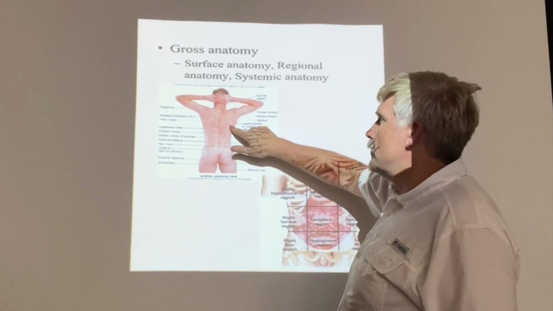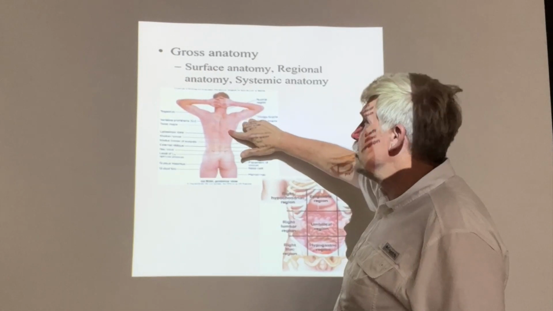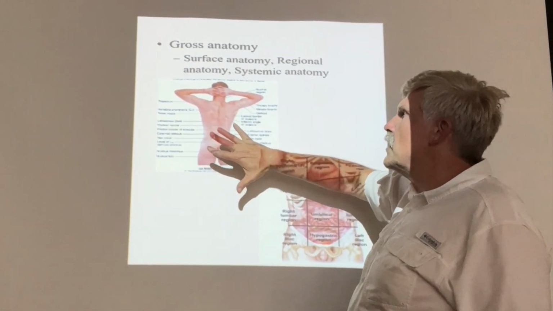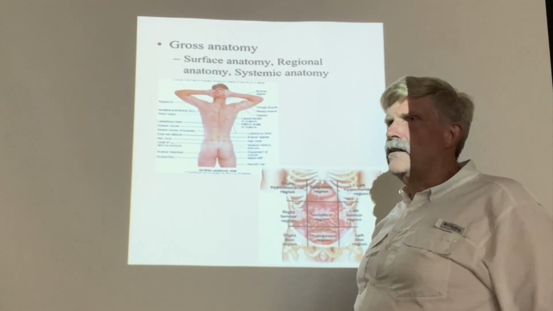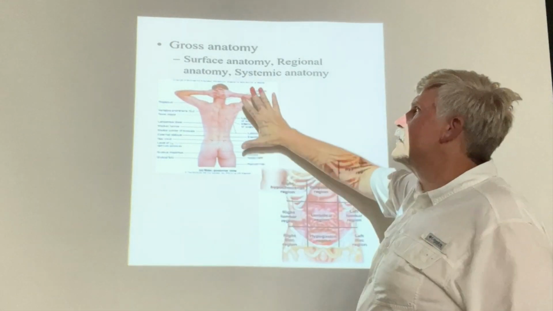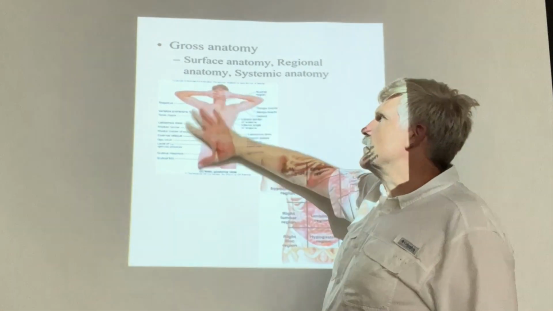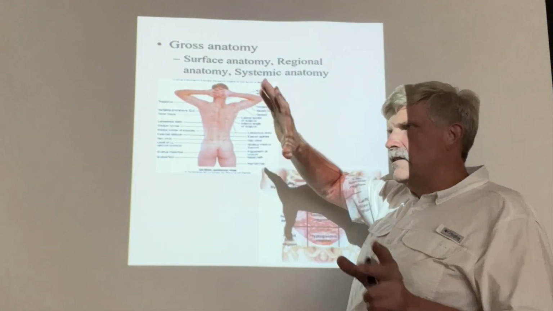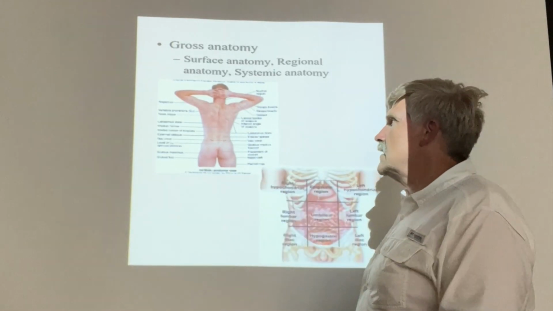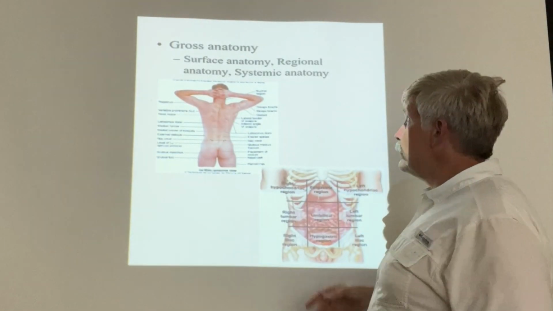We might feel the inferior angle of the scapula, and then we might be able to feel the vertebral border of the scapula. So these things are very, very large. We can touch them, we can feel them, we can see them. And so surface anatomy is one of those things where we're going to look at the surface of the body, delineate different regions, and then be able to identify those structures underneath of that.